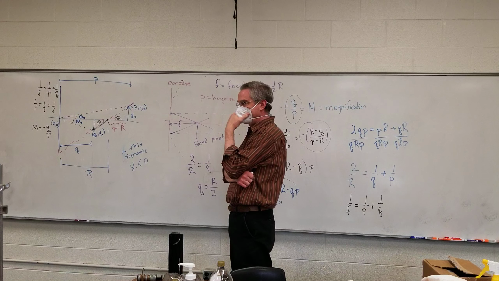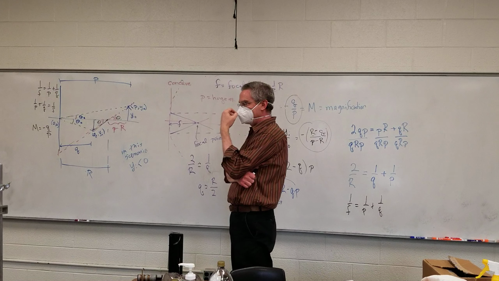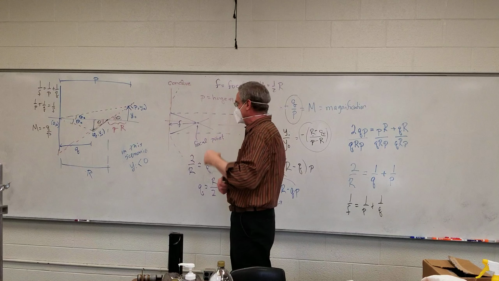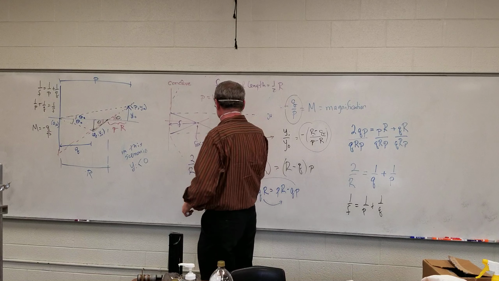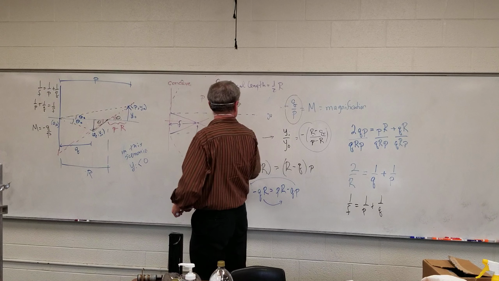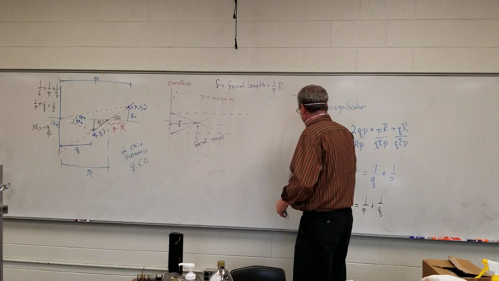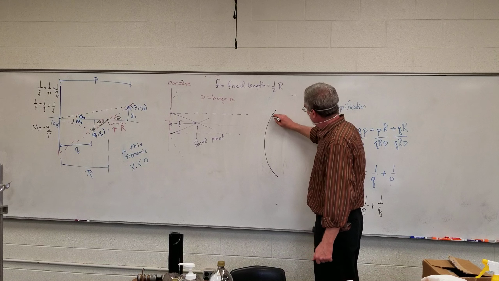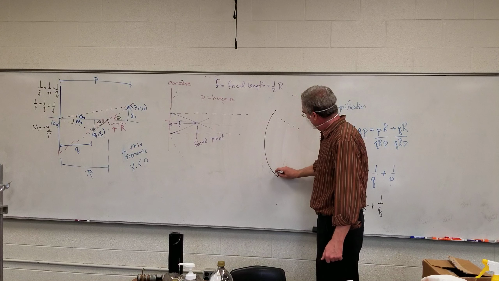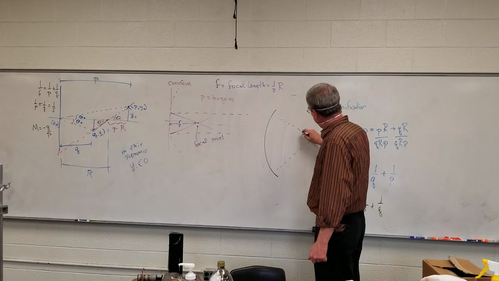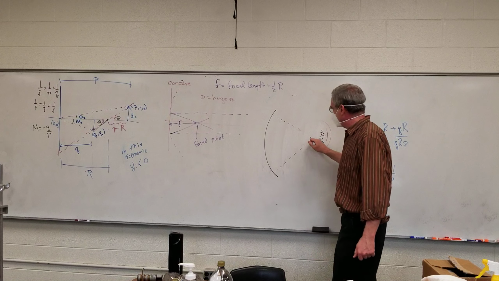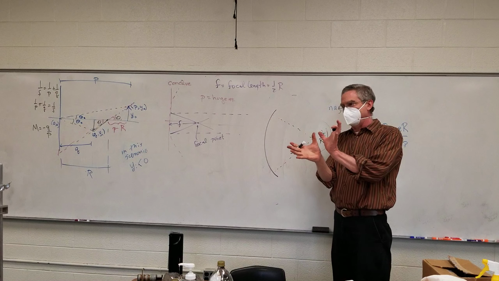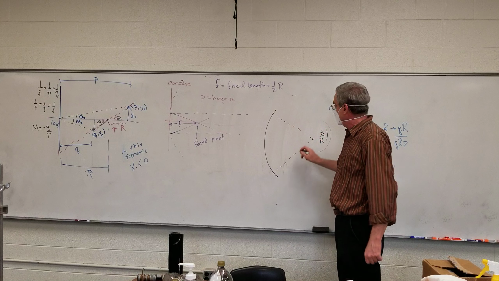If we look at a physical mirror that's curved, the radius of curvature is the distance from the center to any point on the mirror, assuming it's a spherical mirror, and it's the same.